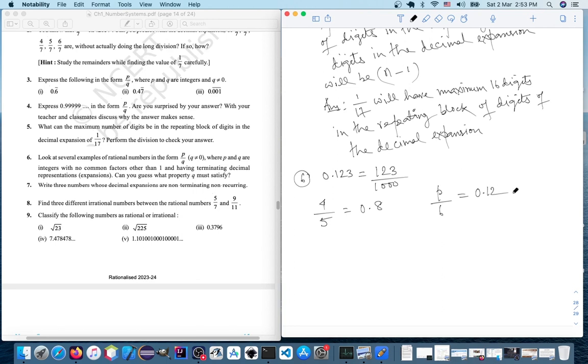If you consider this, what will p be? p is 7.2. No, p must be an integer, so this will not work.